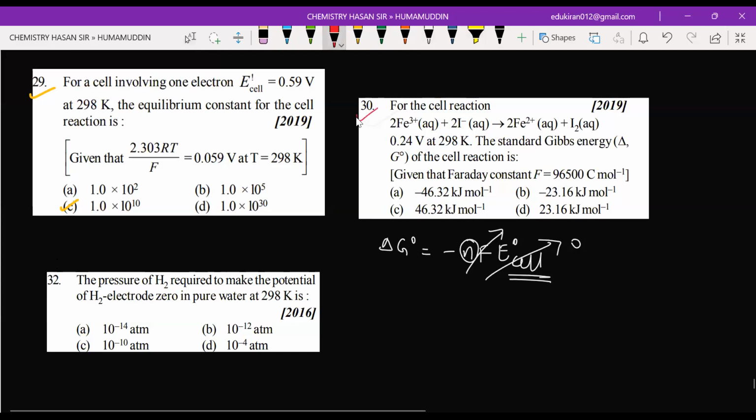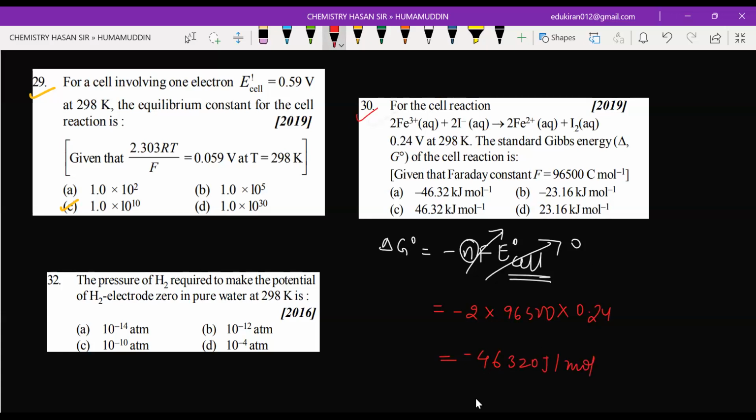Yeah, n is 2, right? Yeah, n is 2. So you are going to write 2 into here, it will be 96,500 and 0.24. So it will be negative 46,320 joule per mole. But you need the answer in kilojoule per mole. So it will be 46.32 kilojoule per mole, right? Yes, sir. And it is negative. So the answer is A. Go for question number 32.